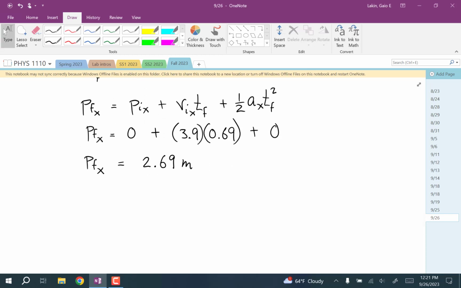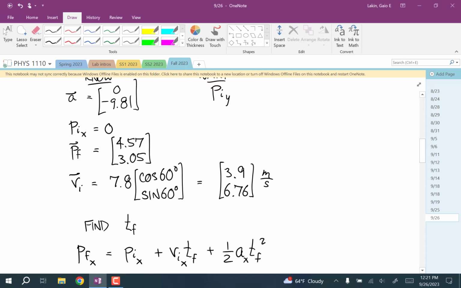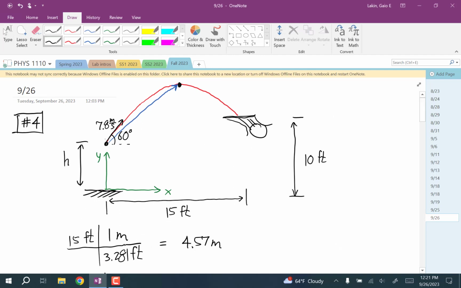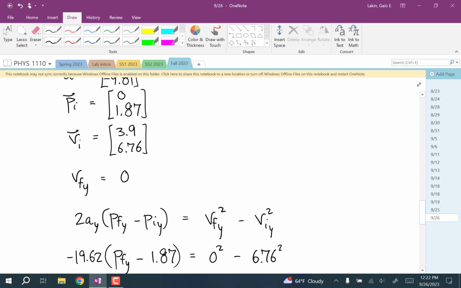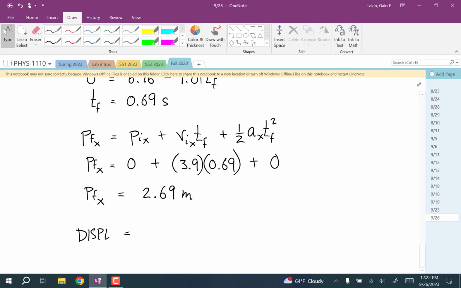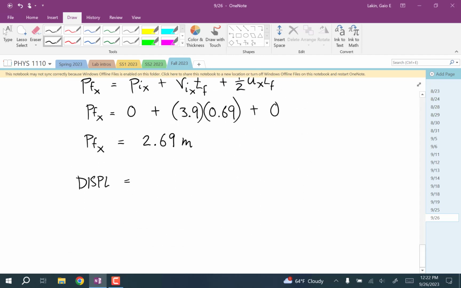Okay, so finally the displacement, the blue vector that I drew here, is the final point, 2.69, 4.20, minus the starting point, 0, 1.87.